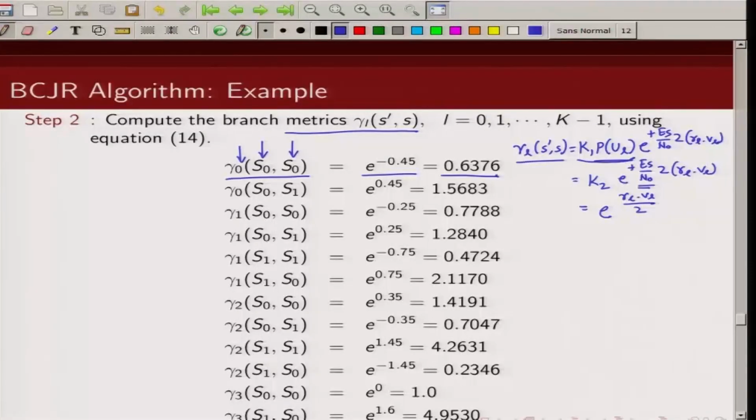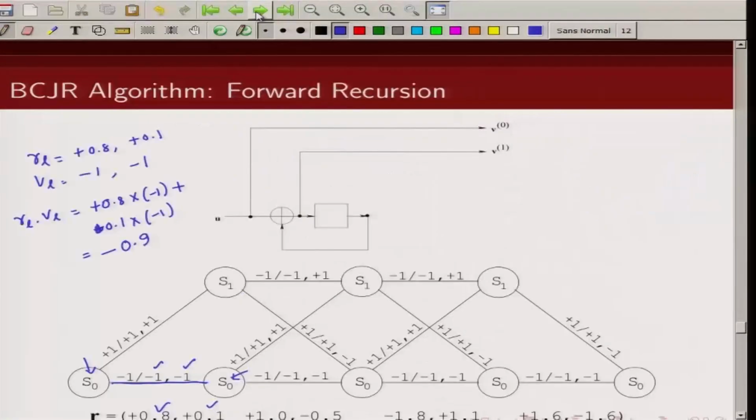Now, you can take any other example. Let us just take this example, gamma 1 from S1 to S0. Gamma 1 is time instance t equal to 1, so we are talking about this, and initial state is S1, final state is S0. So, we are talking about this transition. Now, what is RL corresponding to this transition? It is plus 1 and minus 0.5. And what is VL corresponding to this transition?